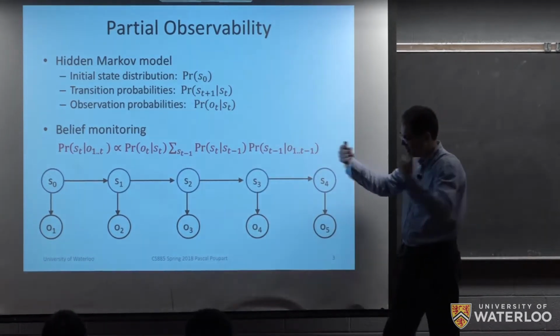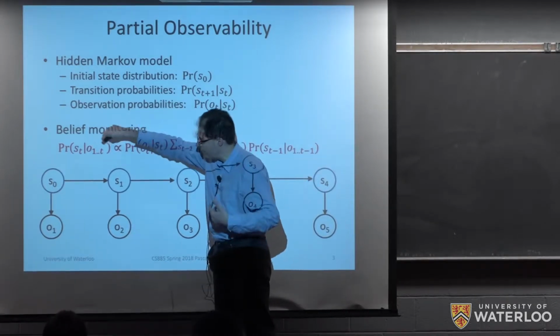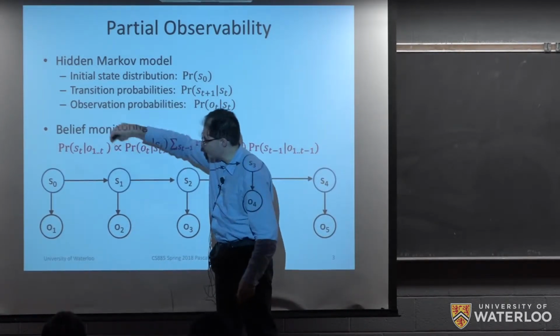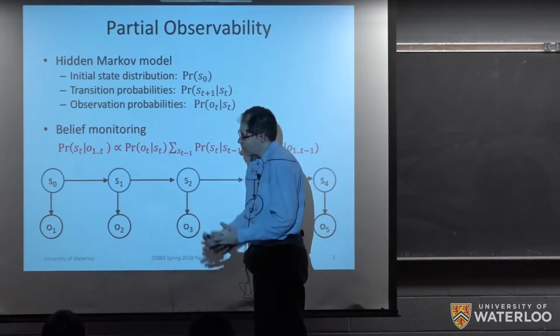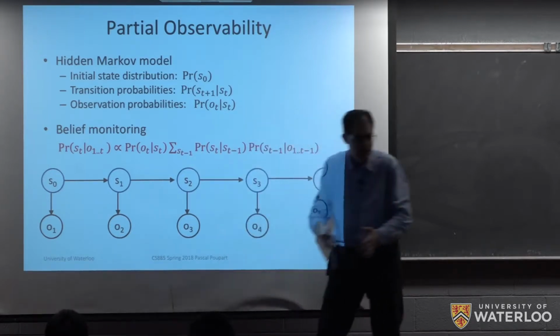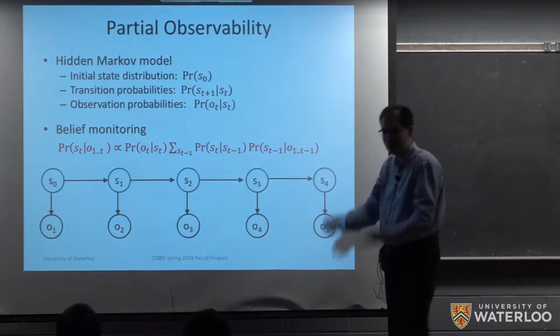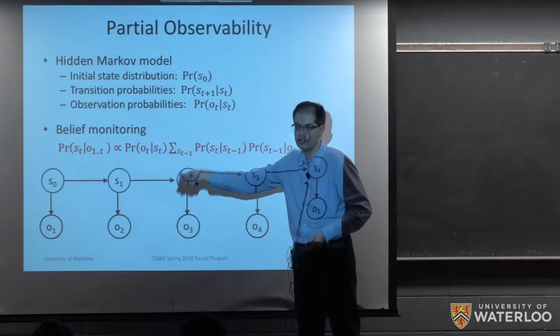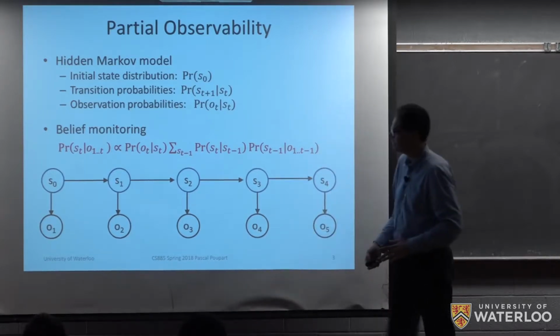This is a very useful tool to gather all the information in the previous observations to refine our belief about the current state. If we knew the current state, we could simply condition our actions on it, but failing that, we condition actions on the belief.